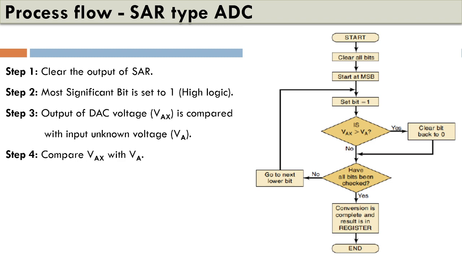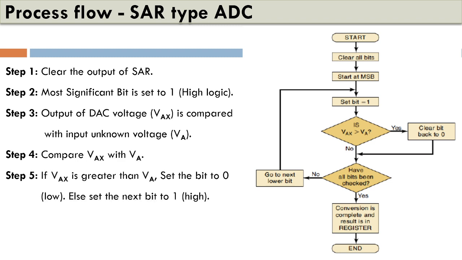So if VAX, that is the output from the DAC, is greater than the unknown analog input voltage, then the bit which was set initially at the output of the SAR will be reset back to 0, and the next bit of the SAR will be high.